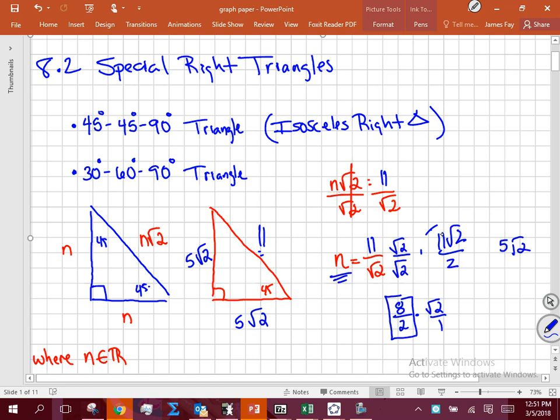Is 11 halves divide evenly? Is 2 going into 11 evenly? No. So do not write this as 5.5 radical 2. You rewrite it as... I keep losing my cursor. There we go. You just write it as 11 halves radical 2. We write it that way. Does that make sense?